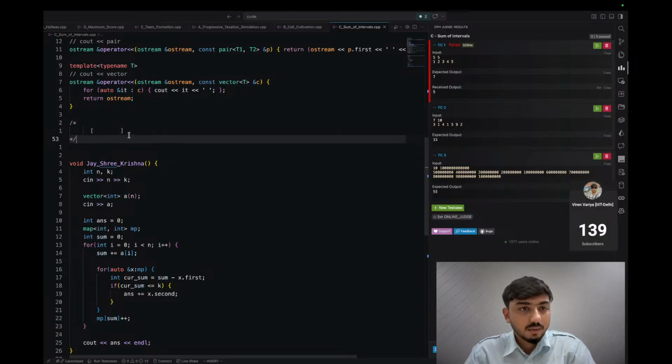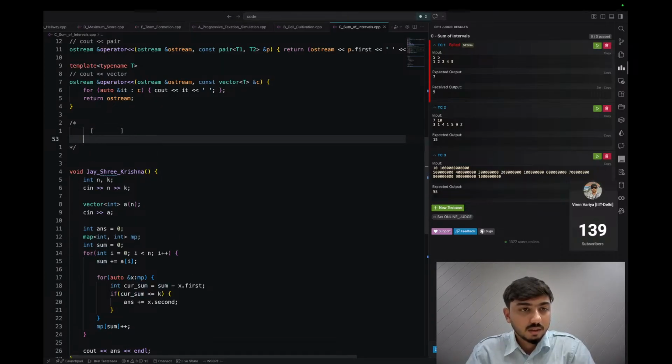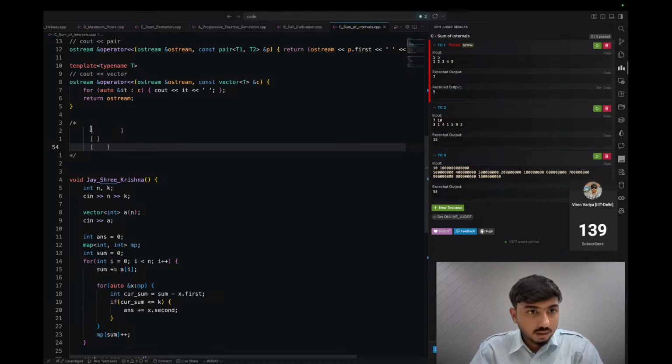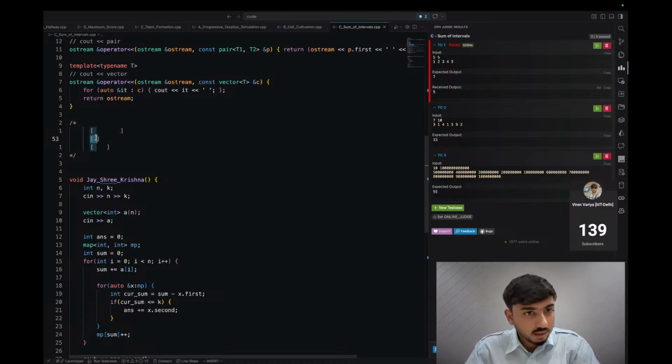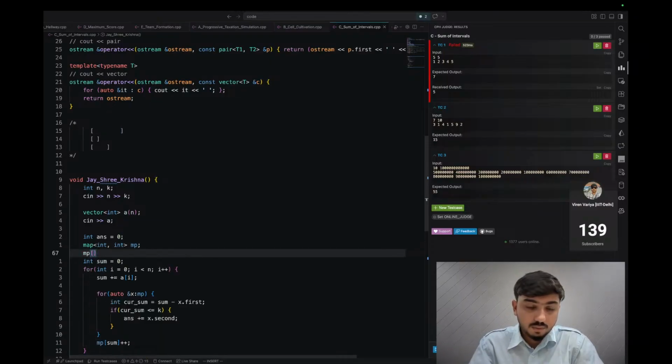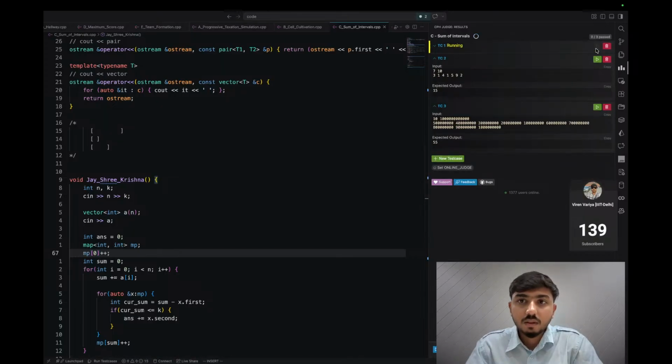I have some prefixes like here, let's say this is 5, this is 2, and this is also 2, and I'm left with 3, and let's say k is 7. Then I have to do mp of 0 plus plus. Perfect.